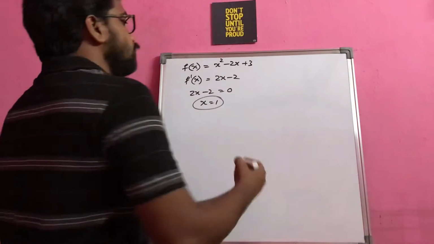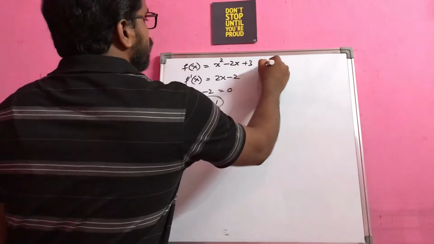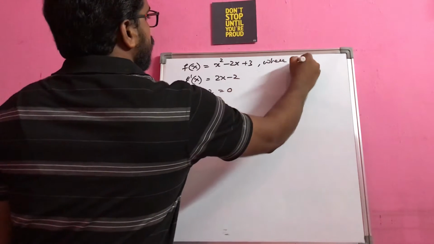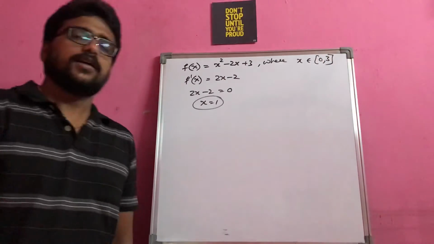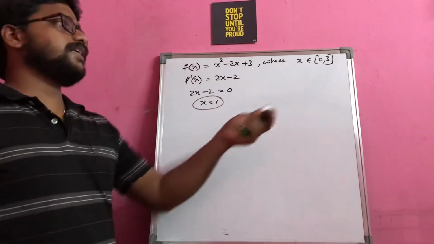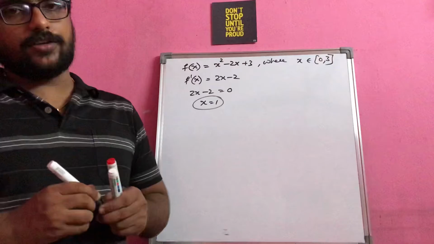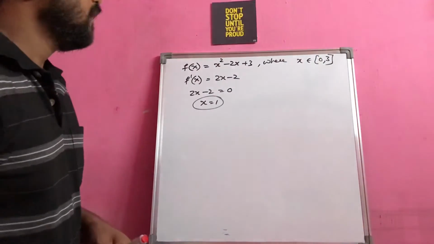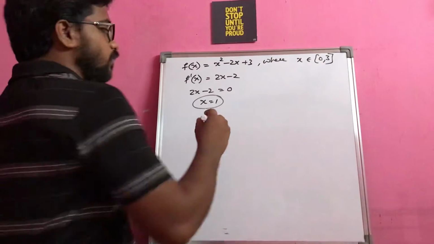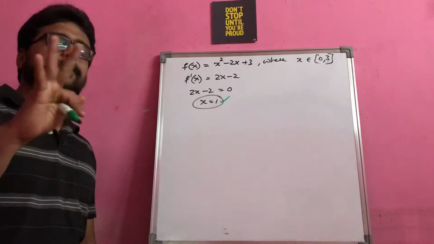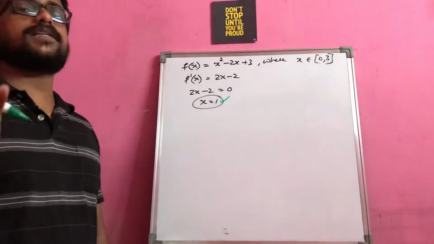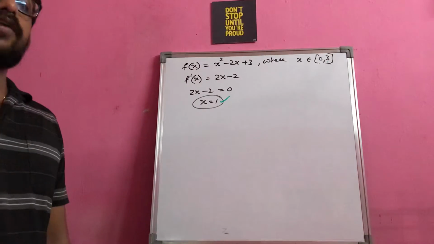Now, if I ask you where x belongs to 0 to 3, that is the domain for that function, that is the inputs. So you have x equal to 1, x equal to 0 and 3. These are the 3 points where you have to look for the maximum or minimum of the function.